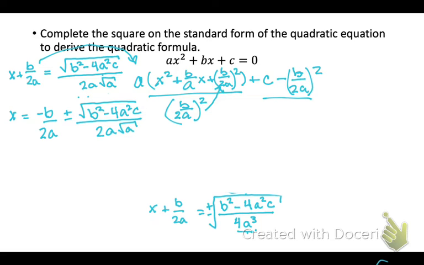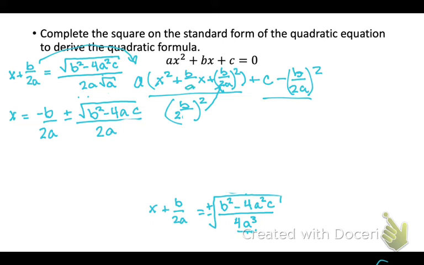Guys, can I just do something? I shouldn't have brought this a over, so this shouldn't be here, and that should be like that. Do you see what I did? I brought this a over when I did this right here. I just got rid of it. Oh yeah, a would be 1 anyway.